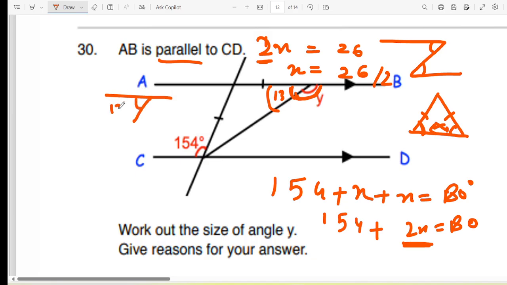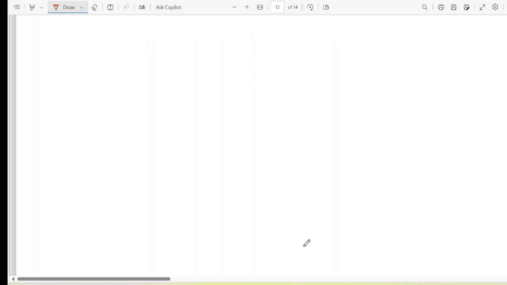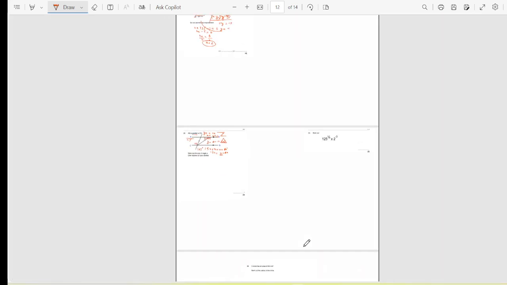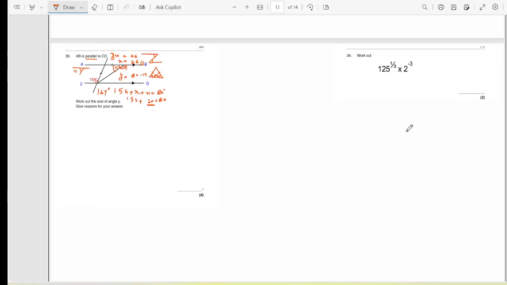If this is 13 and they both add up to 180, I can find y by subtracting 13 from 180, which would give me, I think, 167. Yeah, so y is 167 degrees. And then we got this.